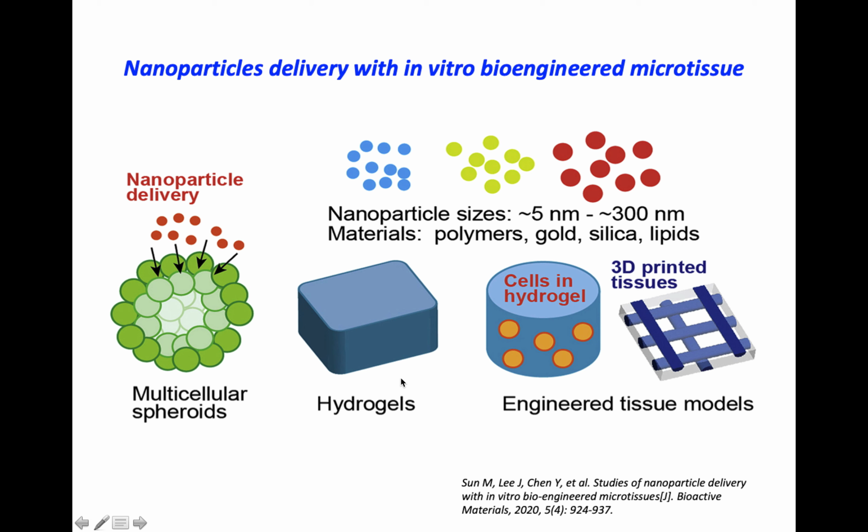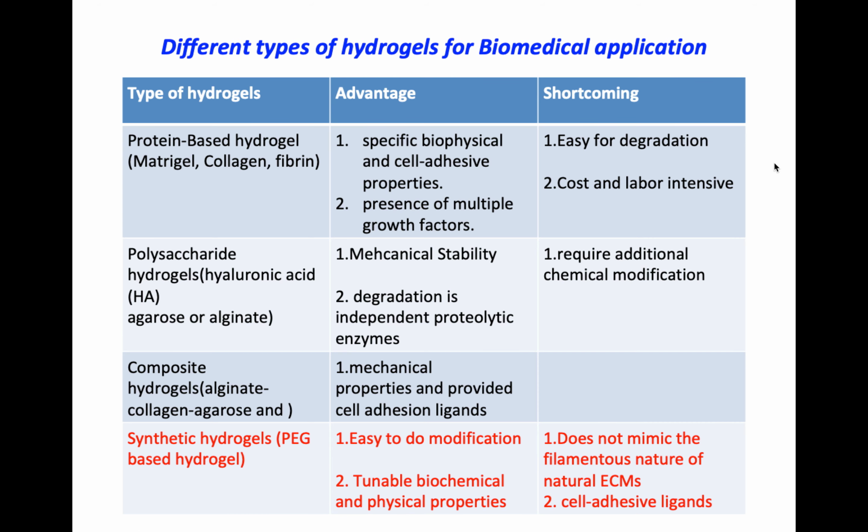Also, we can use a hydrogel or other kinds of different engineered tissue models. For example, we can use 3D printing technology to mimic the tissue in tissue engineering. There are a lot of different types of hydrogel used in biomedical applications.